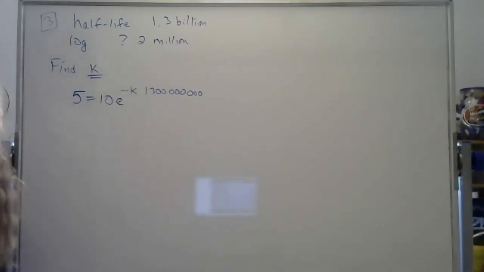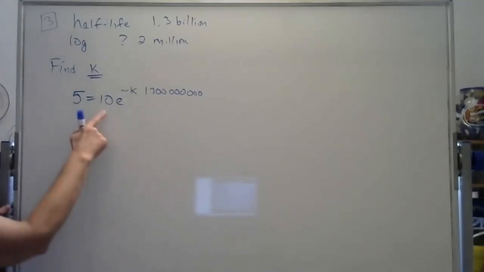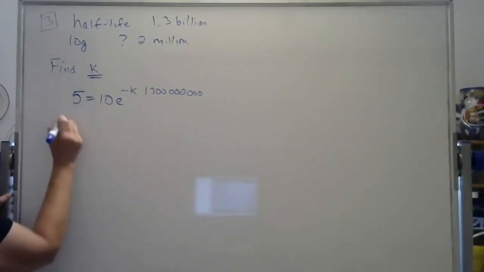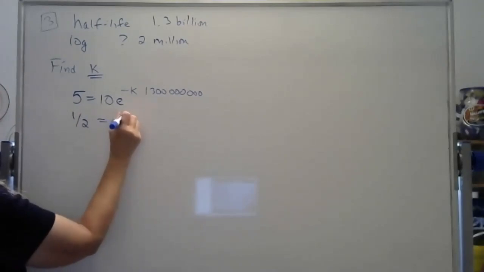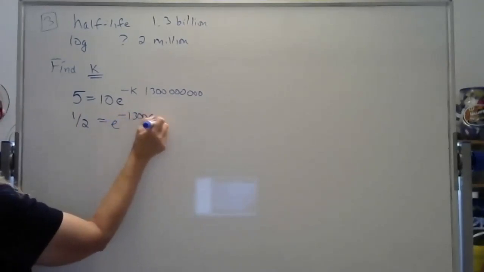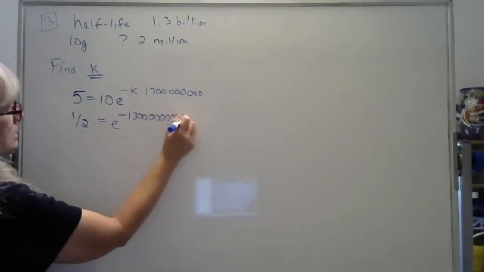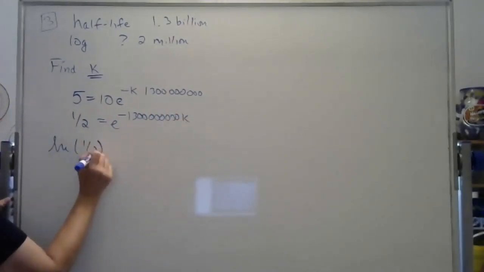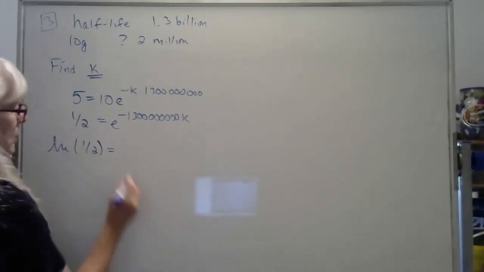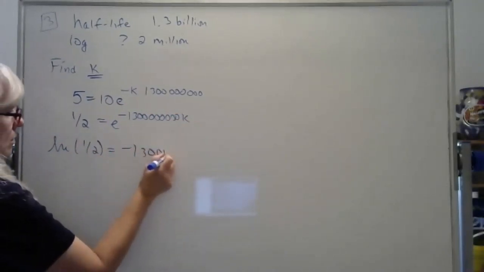So now we're going to go solve for K. Same exact steps again. We'll divide out the 10. That's going to give me a half. Hence the term half-life. E to the negative 1.3 billion K. Then we'll take the natural log of 1/2. On the right side, we'll bring the exponent out in front.